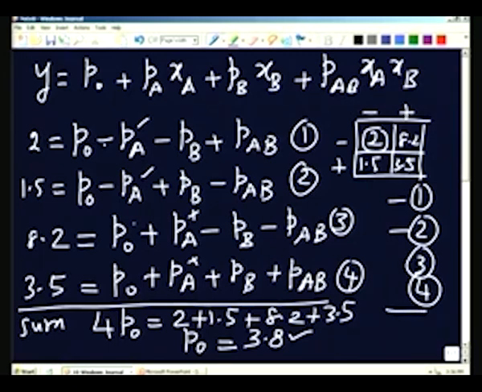If I multiply by minus, this becomes minus 2, this becomes minus P naught, this becomes plus P a, this becomes plus P b, this becomes minus P a b. When I multiply this by minus, this becomes minus 1.5, this becomes minus P naught, this becomes plus P a, this becomes minus P b, this becomes plus P a b. And if you look at the column sums, excepting this column, all other column sums will be 0 when I add these things.